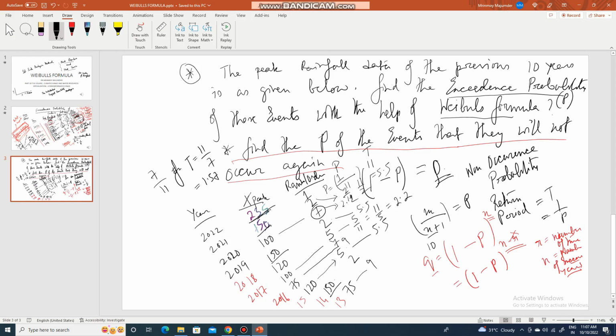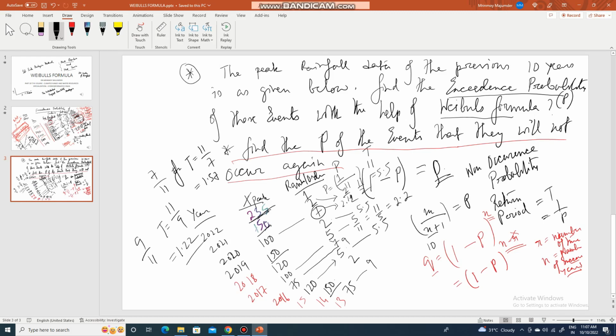So all the events which have the 7th position will have the return period 1.57. Now take the event of 9. So probability 9 by 11, return period 11 by 9. So the return period will be 11 divided by 9, and it's 1.22.